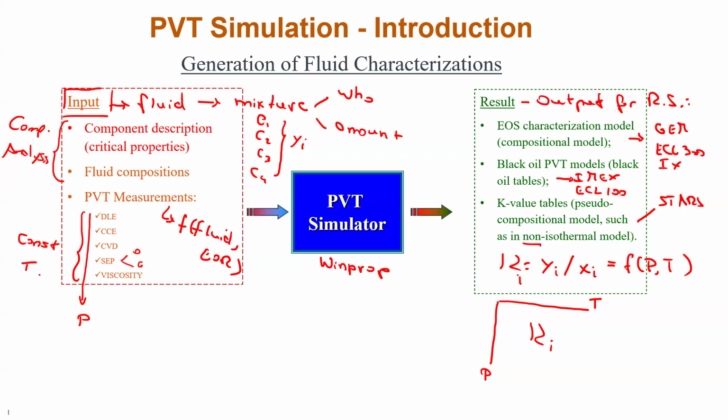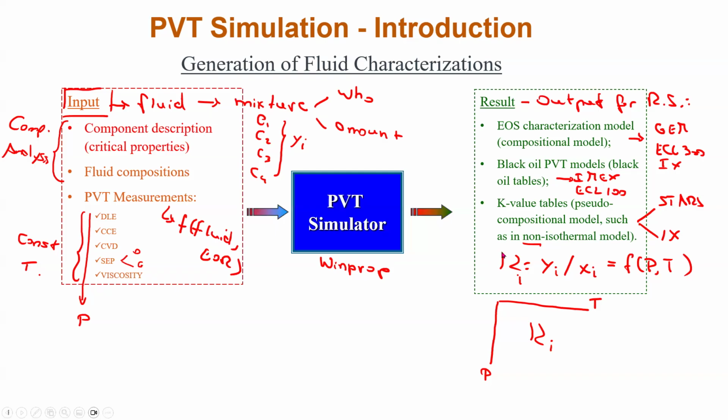Intersect as well: Intersect has a model that allows you to input k-values in the simulator and run a pseudo-compositional model with the thermal model turned on. So it's very useful. And to do this, you need to do some pre-steps in the PVT simulator.